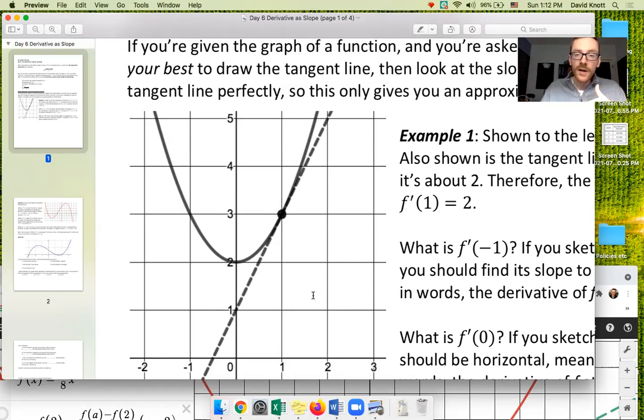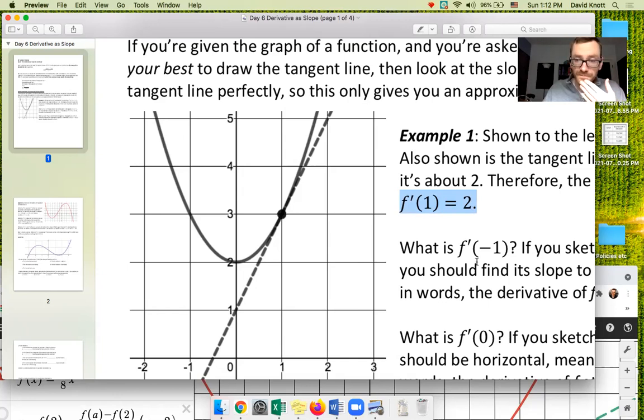As you can see, the tangent line I've drawn appears to have slope 2. There's no way to know for sure, but certainly it looks like the slope is about 2, right? Over 1 up 2. So since the slope of the tangent line at 1 is 2, that means the derivative at 1 is 2. Or if you like, the instantaneous rate of change at 1 is 2.